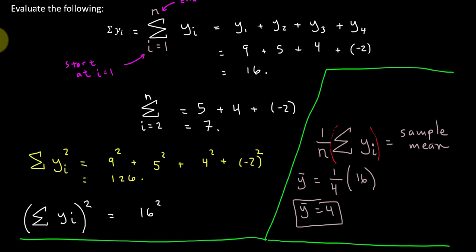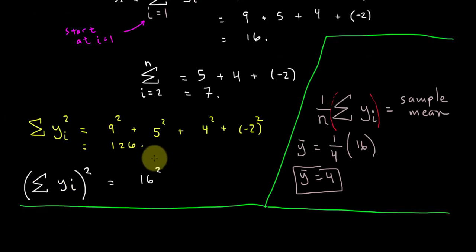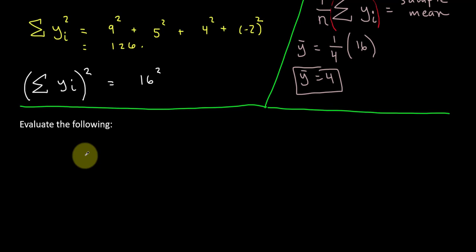So I'm going to scroll down, give ourselves some space. Let's evaluate the following expression. Let's take the sum of the difference between the observations in our sample and their mean. Okay, so I can still see my sample values up here.